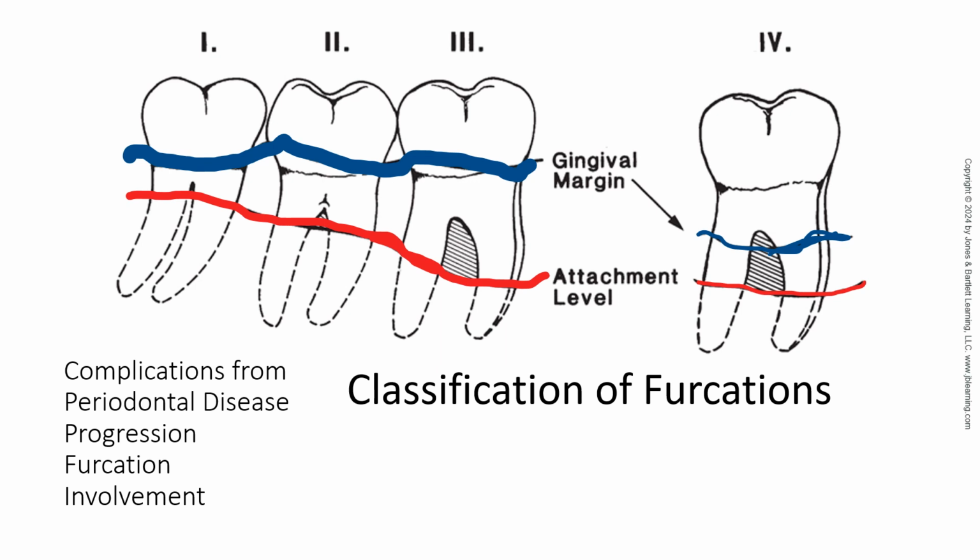Classification of furcations. Furcation involvement means that the clinical attachment level and the bone level have extended into the furcation area between the roots of multi-rooted teeth.